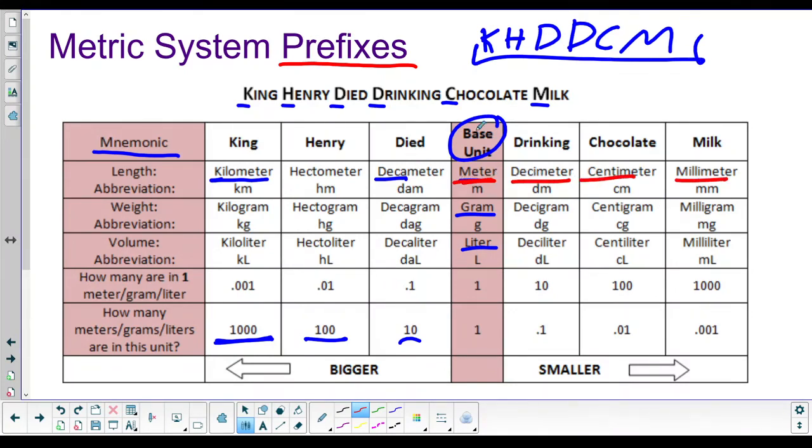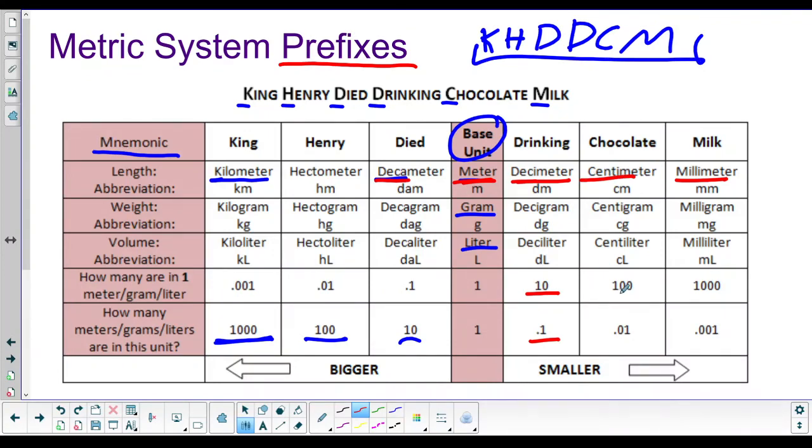So once we go past the base unit, we get to deci, not to be confused with deca. Anything with a C in it is usually deci, centi, milli. Anything that has an E is small. So a decimeter is 1/10 of a meter, or 10% of it. So there are 10 decimeters in a meter.